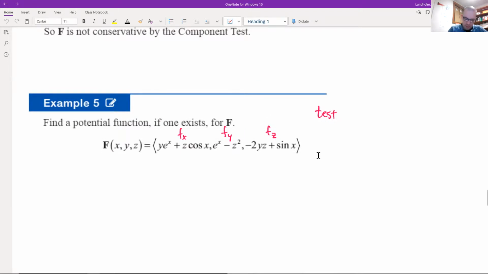So in this case, we would be looking for does xy equal yx.